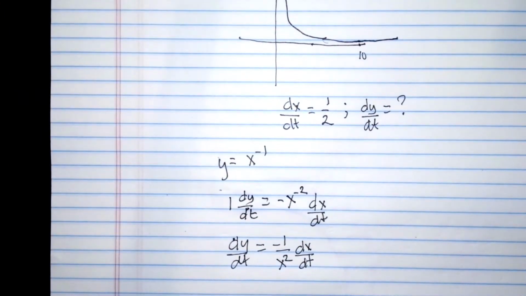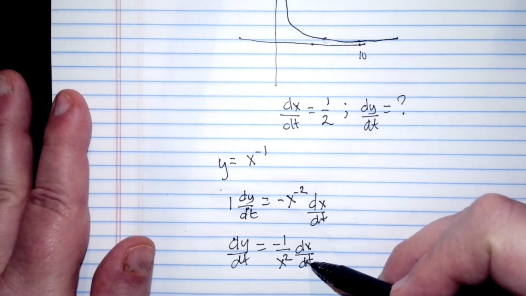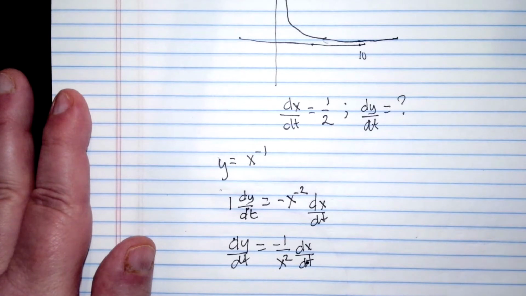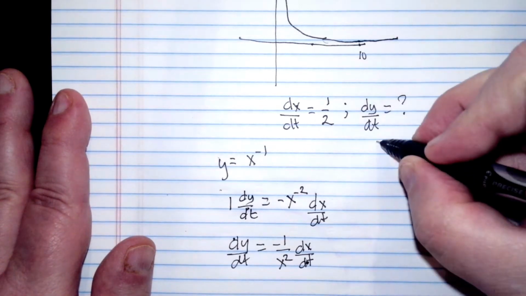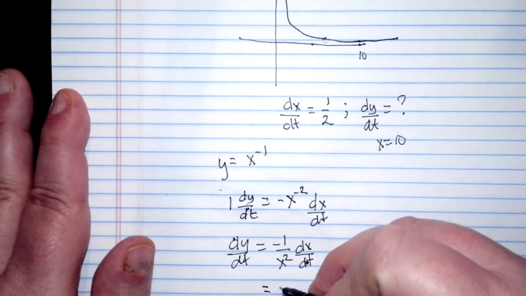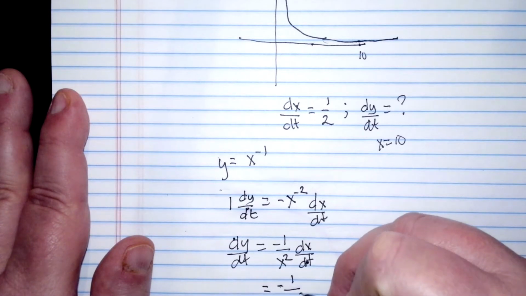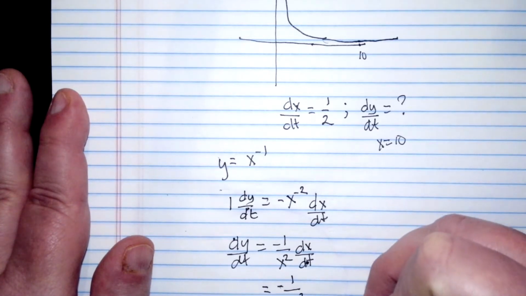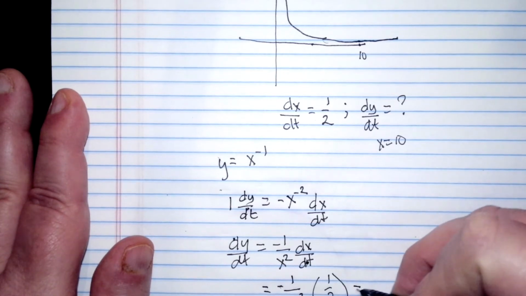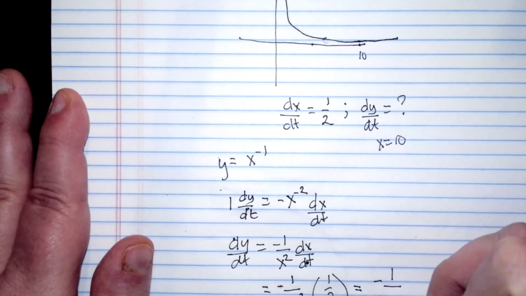So we are given a value for dx dt. We were actually given a value for x too. We were asked how fast is y changing when x equals 10. So let's put all that in here. Negative 1 over 10 squared, and dx dt is 1/2, and so that looks like it's going to be negative 1 over 200.